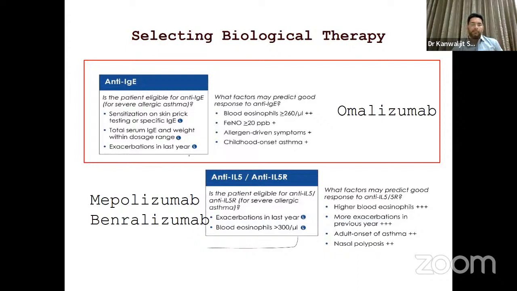If the patient has more exacerbations in the last year and blood eosinophil level is more than 300, then the patient benefits more from anti-IL-5 therapy. So what are the factors that may predict good response to anti-IL-5 therapy? That is higher blood eosinophil counts, more exacerbations in the previous year, adult onset asthma, and patients having nasal polyposis.